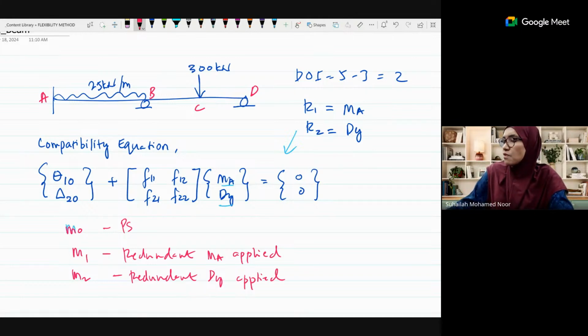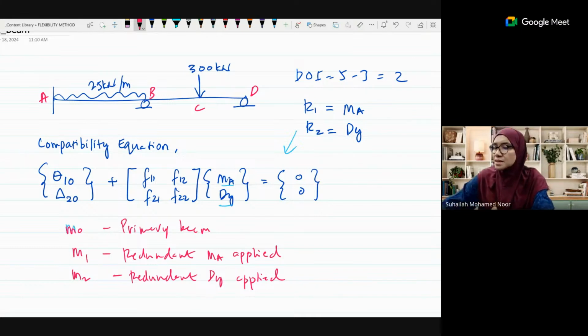Okay, the first one is for the primary beam. Everything that we do after this is just to fulfill the compatibility equation. So we have to have the moment equation in the primary beam, in redundant MA applied, and redundant DY applied.